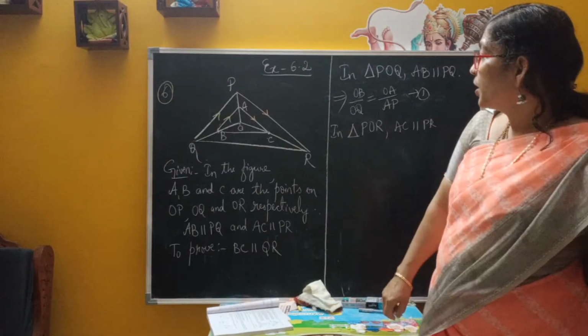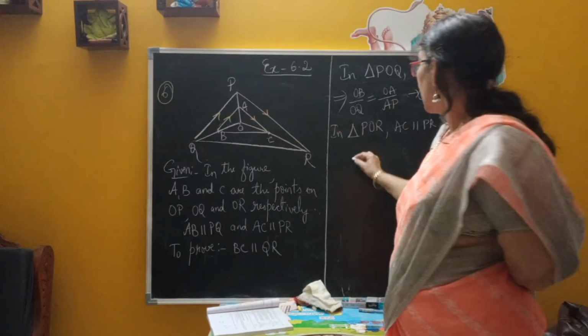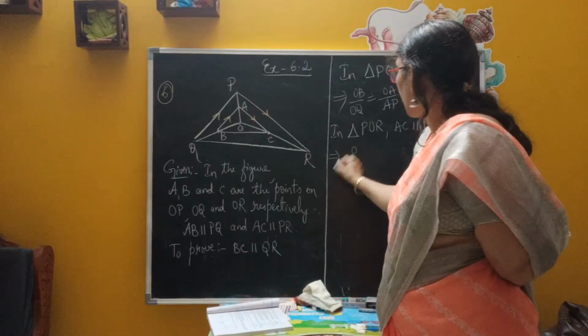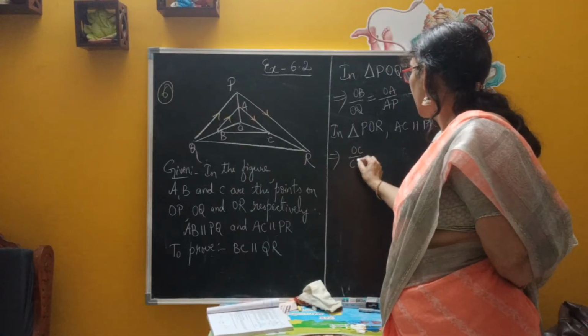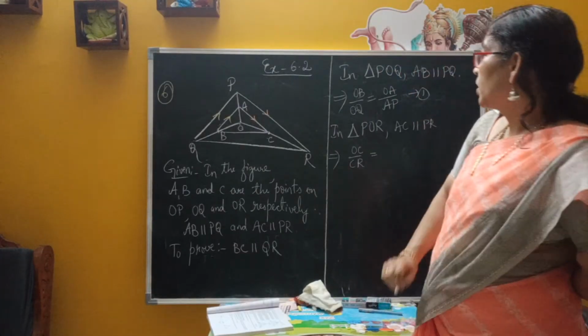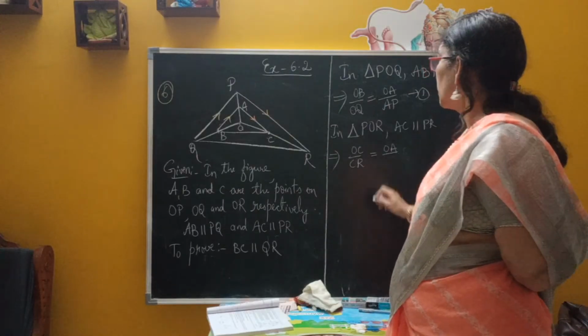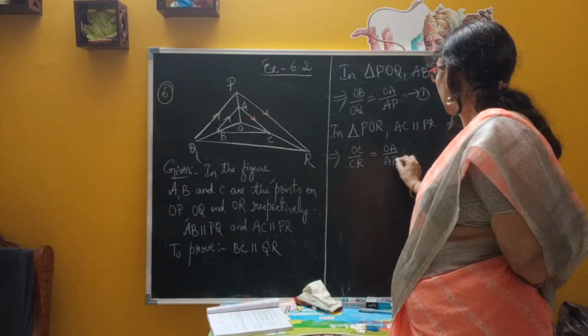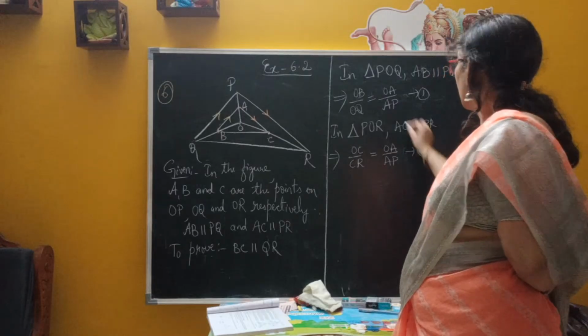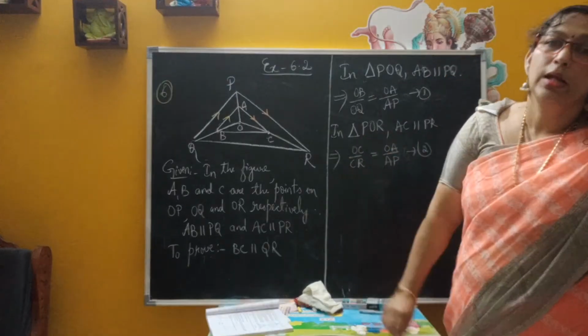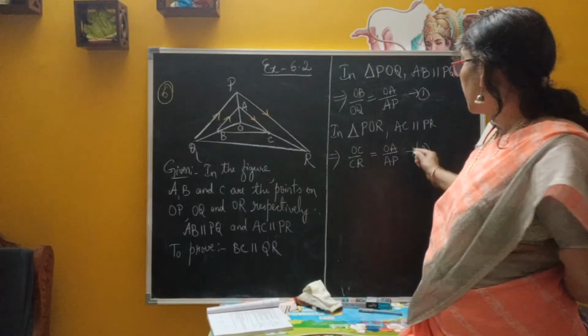So OC by CR is equal to OA by AP. Equation 2. Comparing 1 and 2, the RHS is equal, so LHS must also be equal.